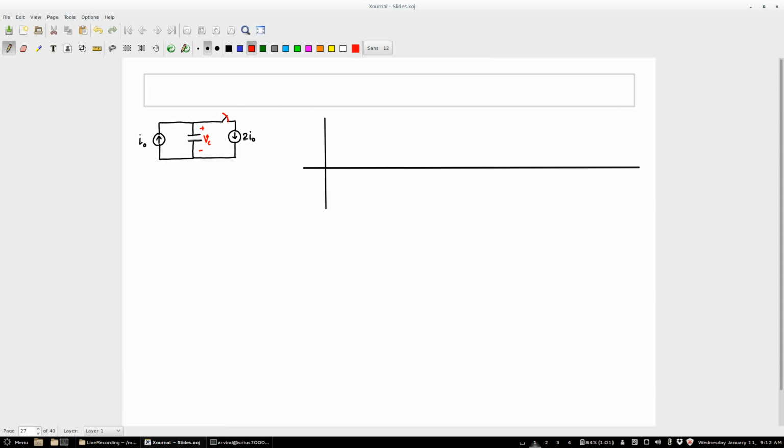Let me say that this is a current source of value I0, constant, and this is a current source of 2I0, and say I'm interested in the voltage across this capacitor, okay, and say I toggle this switch periodically, right? So say at t equal to 0 the switch is closed, so what will happen?